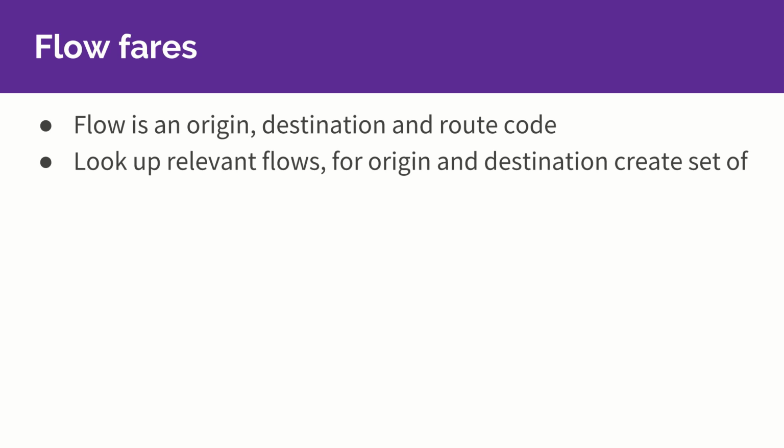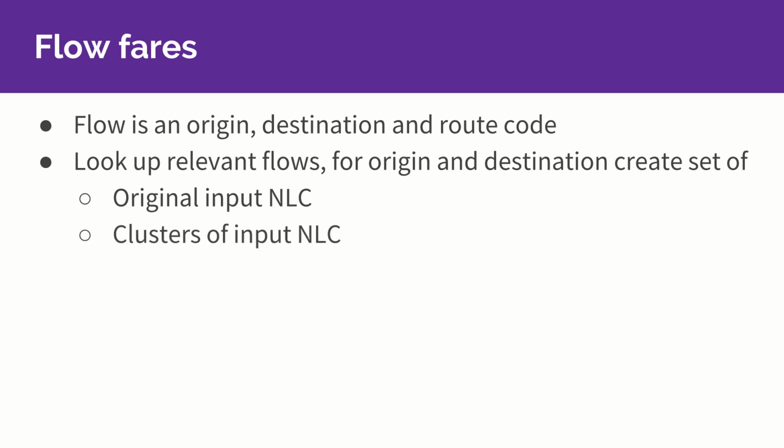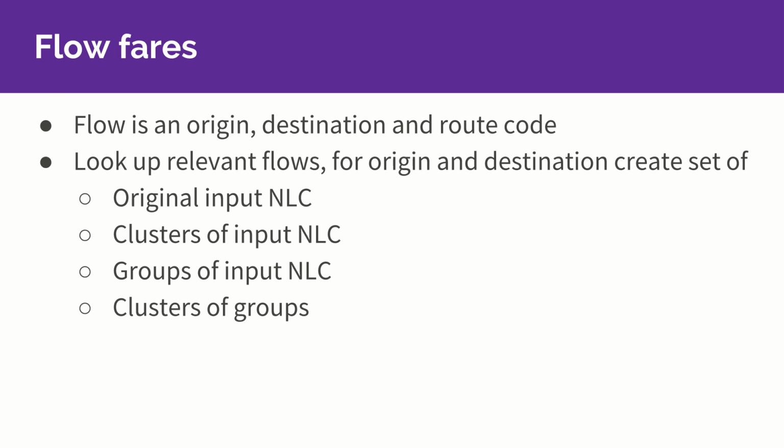So to find the relevant flows for each origin and destination, we need to create a set that contains the original NLC, the clusters of that NLC, then the groups of that NLC, and then the clusters of those groups.